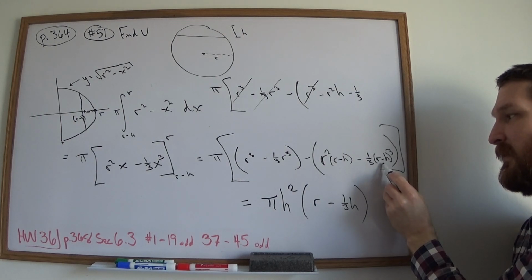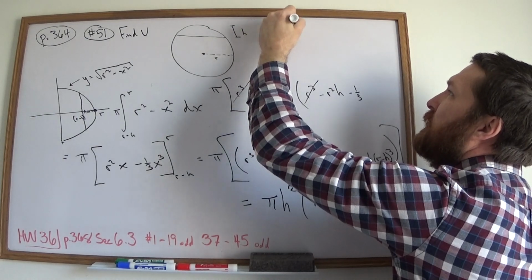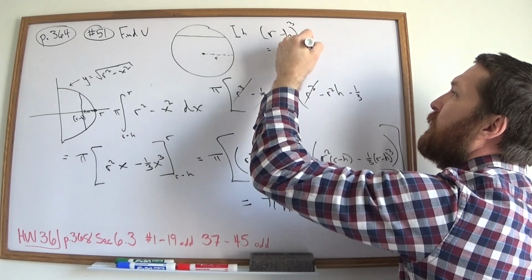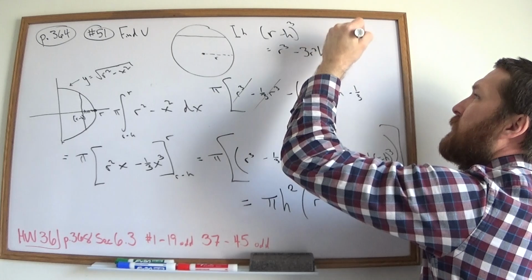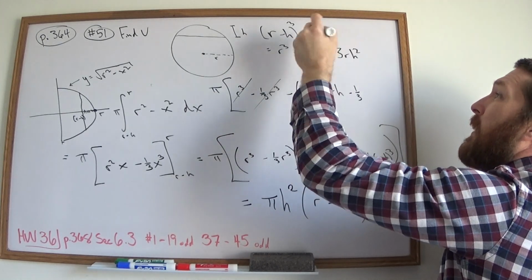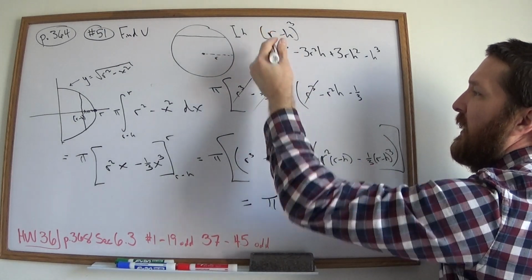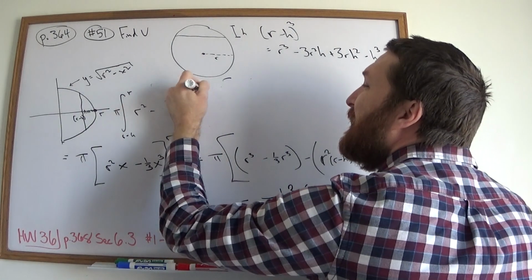Oh. You know, because, and yeah, so r minus h cubed is r cubed minus 3r squared h plus 3rh squared minus h cubed. And if you take a third of that, we're just gonna do it, okay, fine.